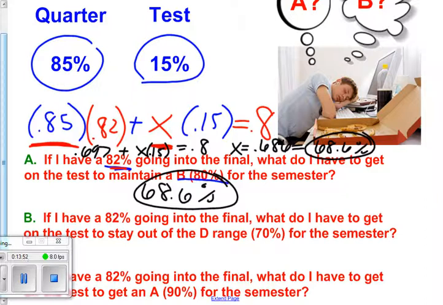If he got anything lower, then he wouldn't be able to maintain that B. The answer is a 68.6, so that's about a D plus. Does that answer your question?